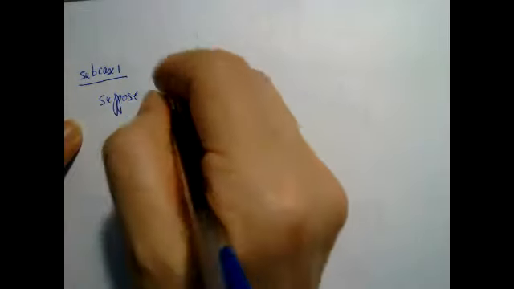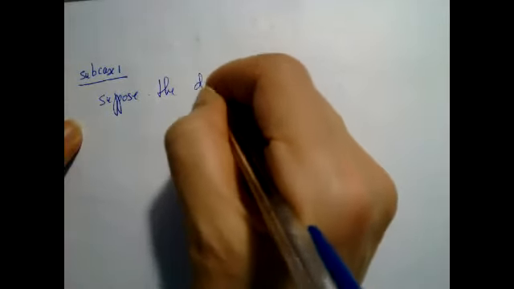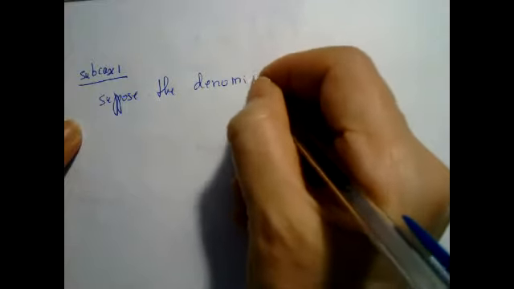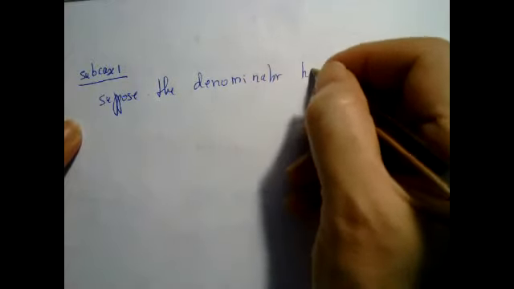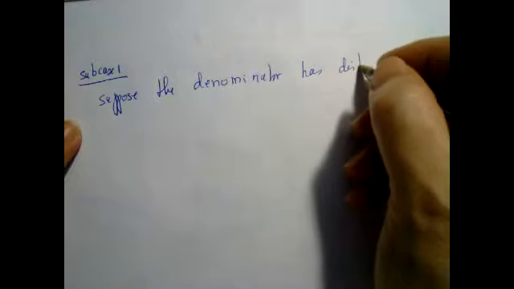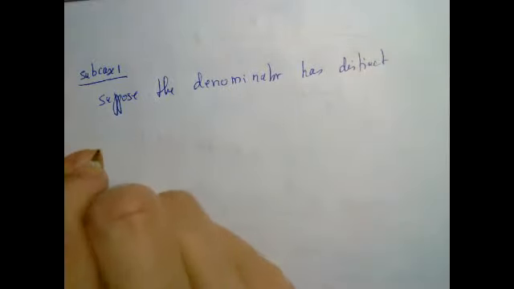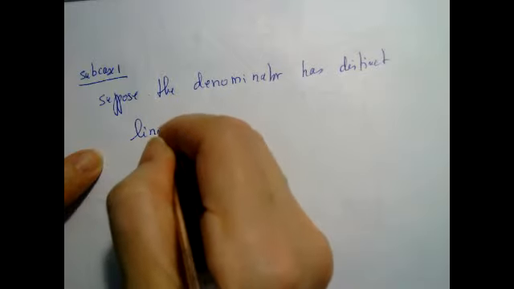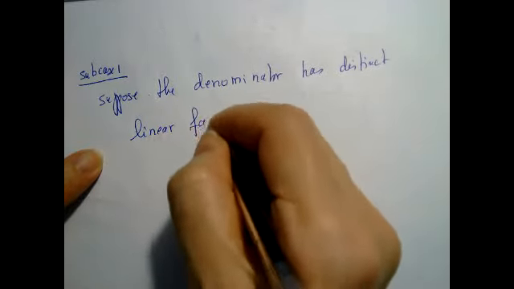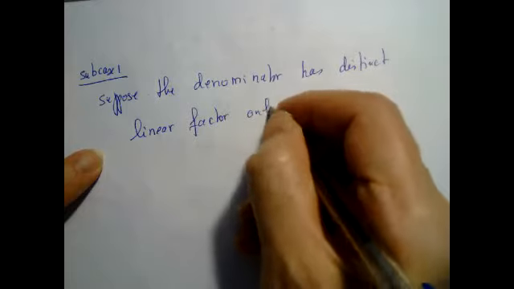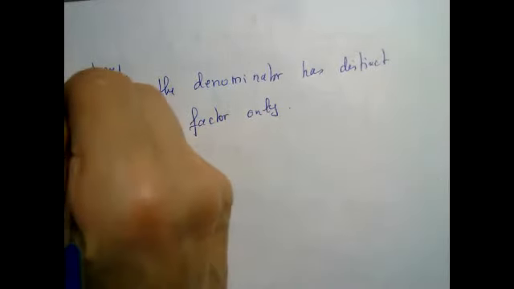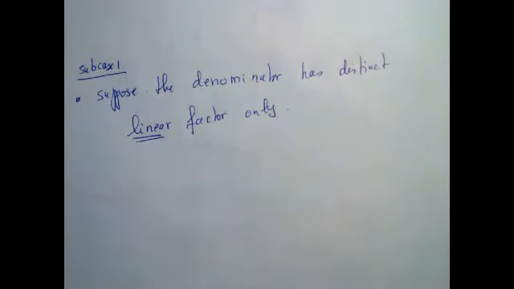Suppose the denominator has distinct, meaning different, linear, and I will explain the word linear in a minute, linear factors only. So the first situation we're going to take on today: suppose the denominator has distinct linear factors only.